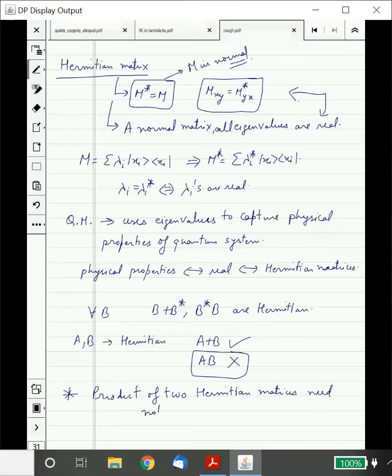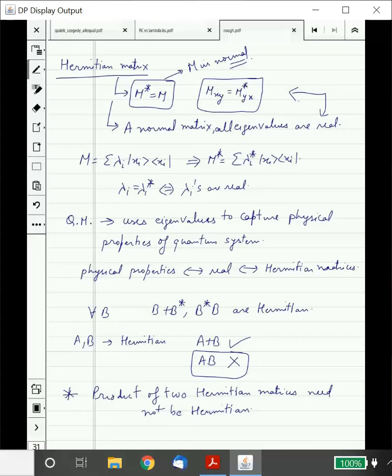You can try to construct a counterexample. Take any two Hermitian matrices, and with a very good chance their product will not be Hermitian.